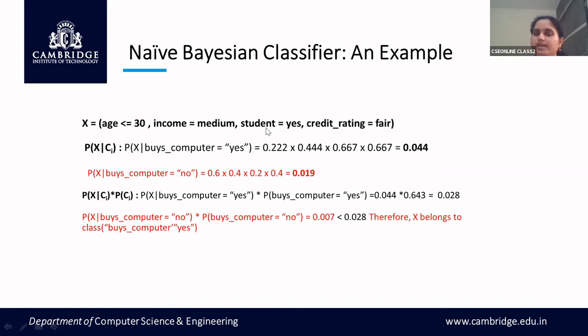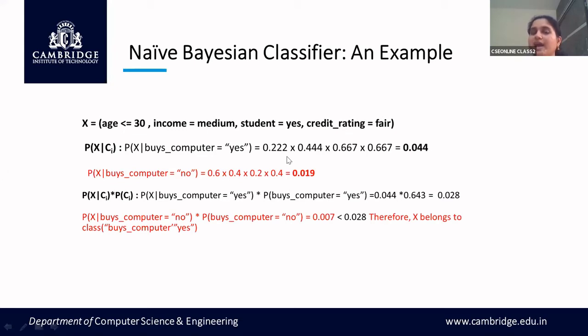Then the next instance of the query is student equal to yes, so its probability is 0.667. Credit rating fair is 0.667. So this I'll directly substitute. Individually, all these are your prior probabilities. Why is it called prior probability?